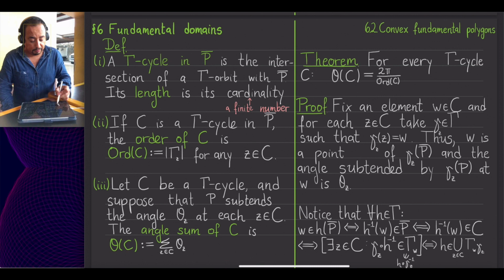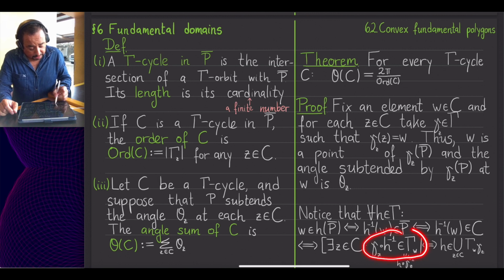And this is in C if and only if for some element Z of C, this element is in the stabilizer of W. Right?